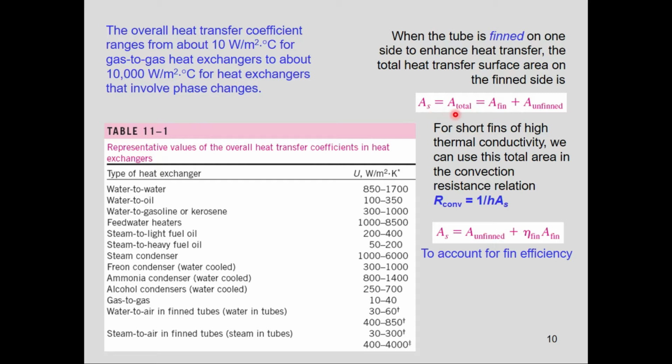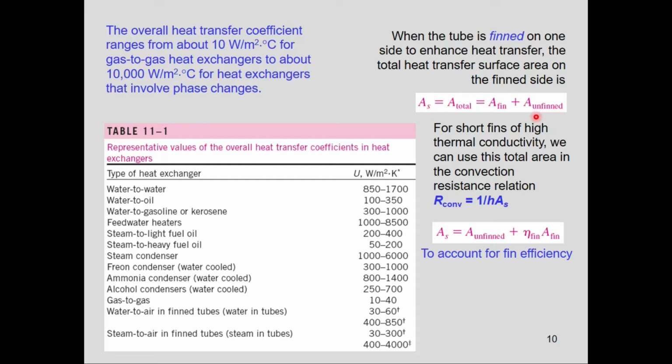So if we install the extended surfaces on the outer surface of the tube or inside of the tube, the total surface area would be the area of the fins, or the area of the extended surfaces, plus the unfinned area, or the area of the tube at which the extended surfaces are not installed.